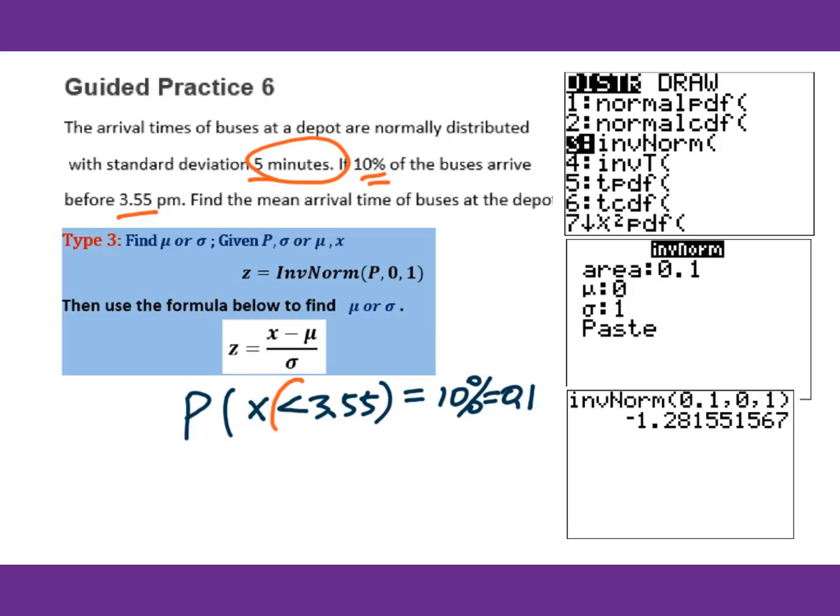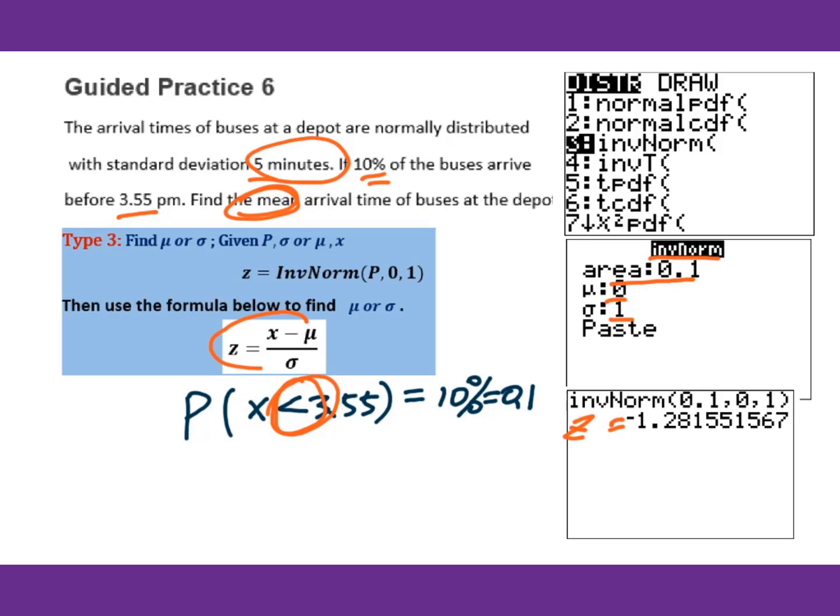Since this one is less than, we put in 0.1 into this area when we use the inverse norm. And then still the z curve, because we are looking for mean. When you're looking for mean or standard deviation, use a z curve, 0, 1. Then this is a z value.